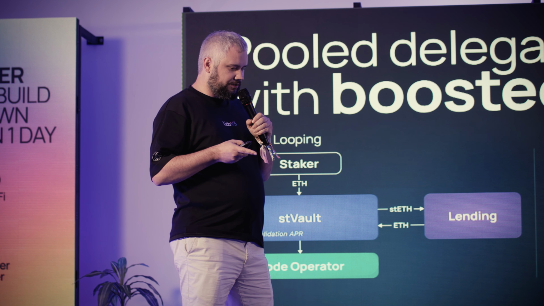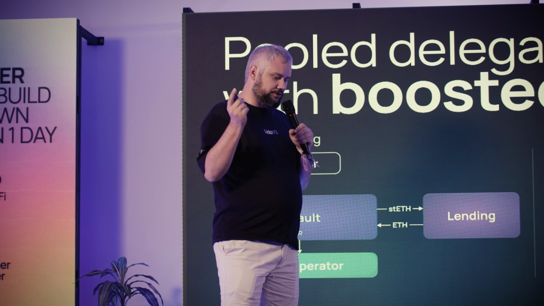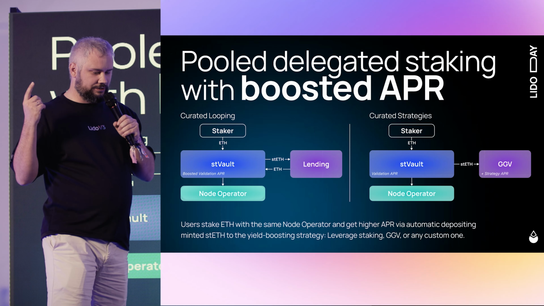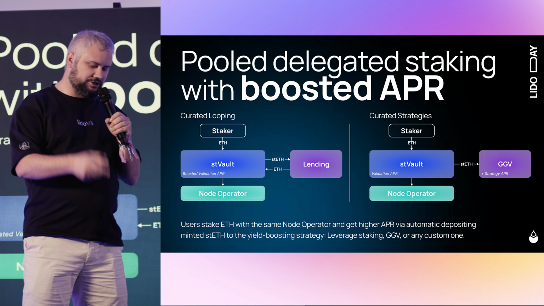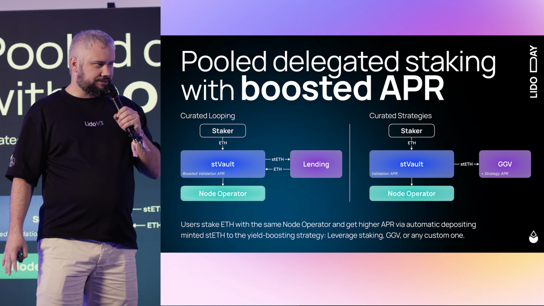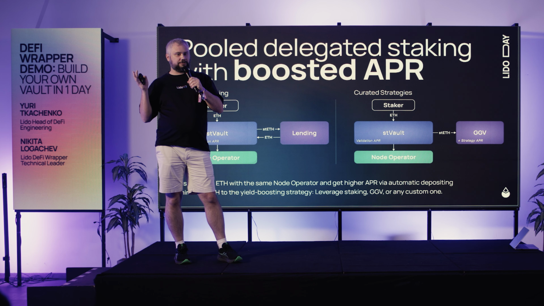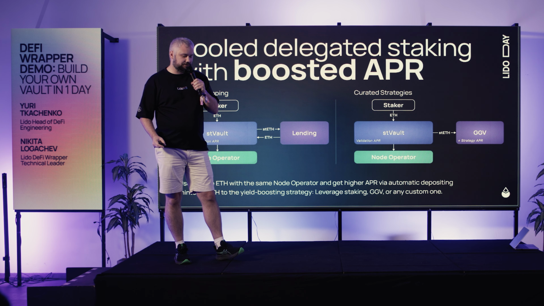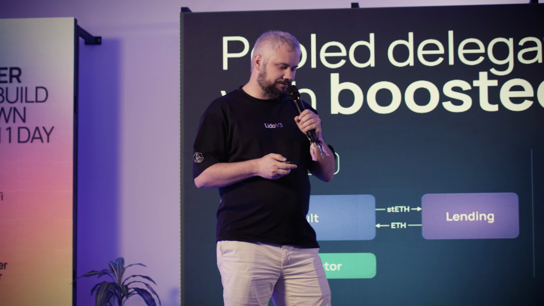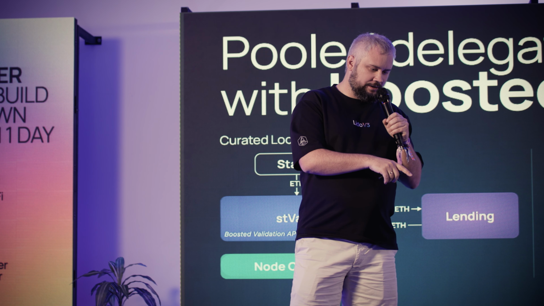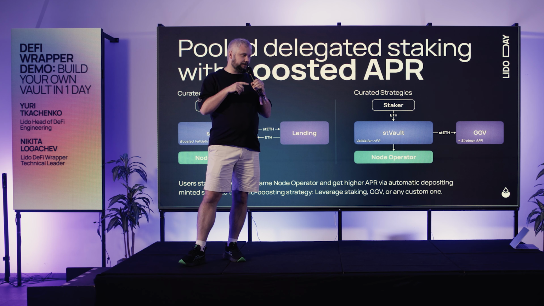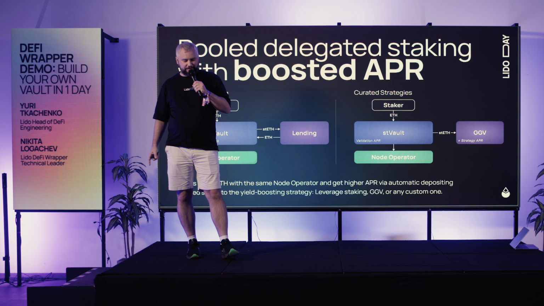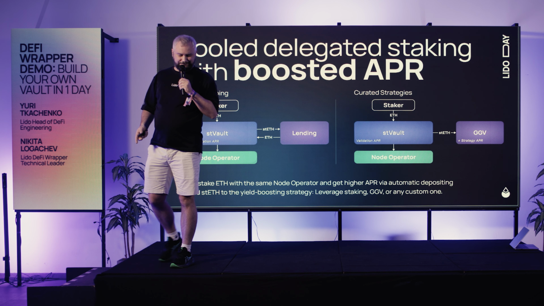The second strategy is a curated strategy where you do the same, but you use curated vaults outside of the staking vault, like GGV or the strategy vault we have in Lido, or whatever DeFi strategy you can attach to it. We have an API for attaching these strategies. In the first scenario, the user's reward will be boosted APR of validation, and in the second scenario, it will be validation APR plus strategy APR.